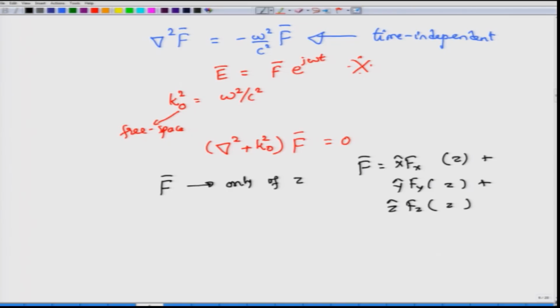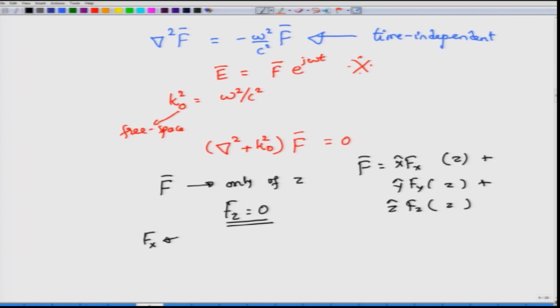Now, I am going to assume another thing, that fz is equal to 0. Further, for now let me just focus on fx. Whatever I do on fx, you can do for fy with some sign changes, please keep that in mind.